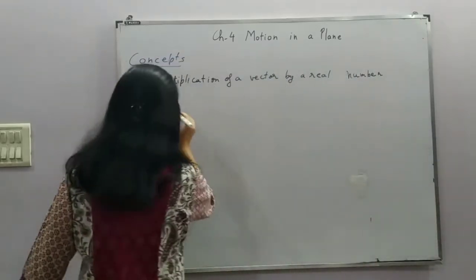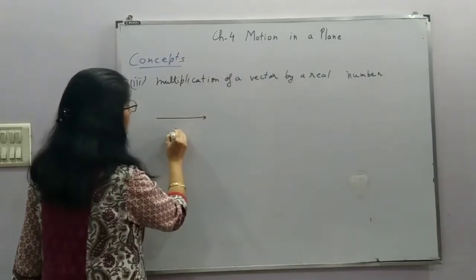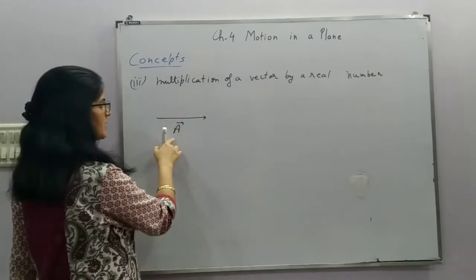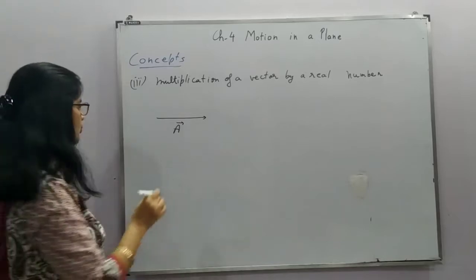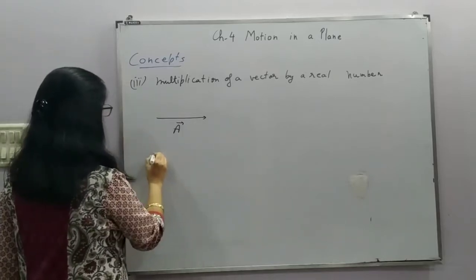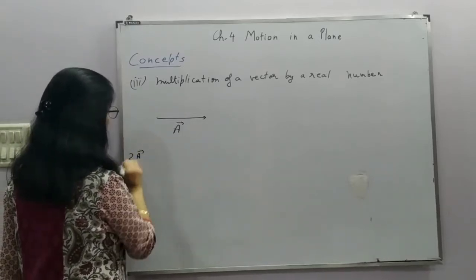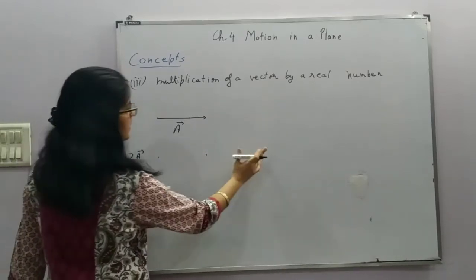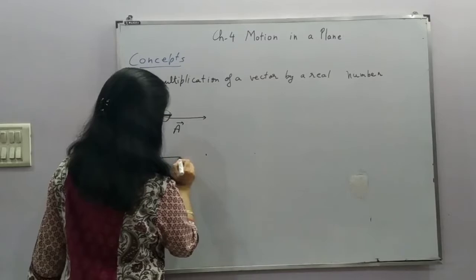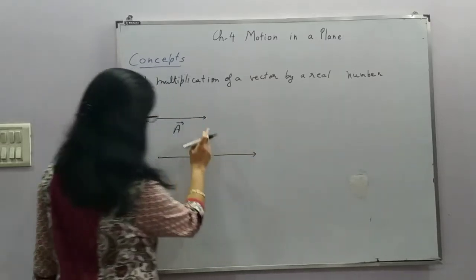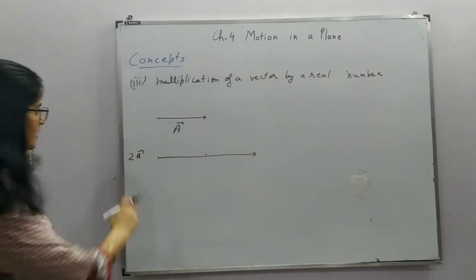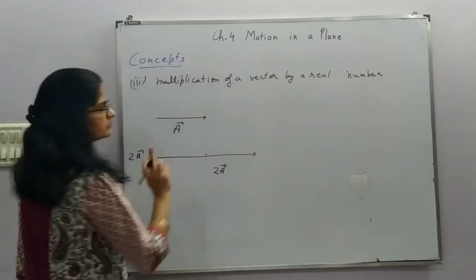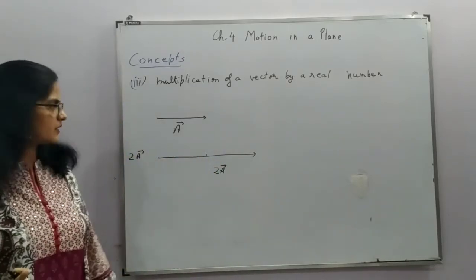Suppose I have a vector A vector, right? And I multiply this vector by 2, right? So 2A vector, how will I draw the 2A vector? 2A means 2 times the magnitude of this vector, twice the magnitude of A vector, and the direction same as the given vector A vector.